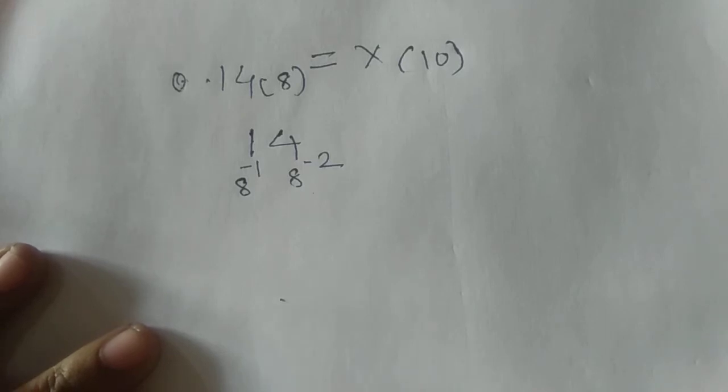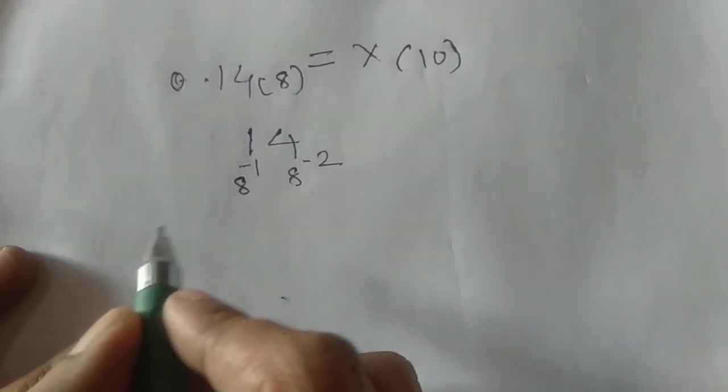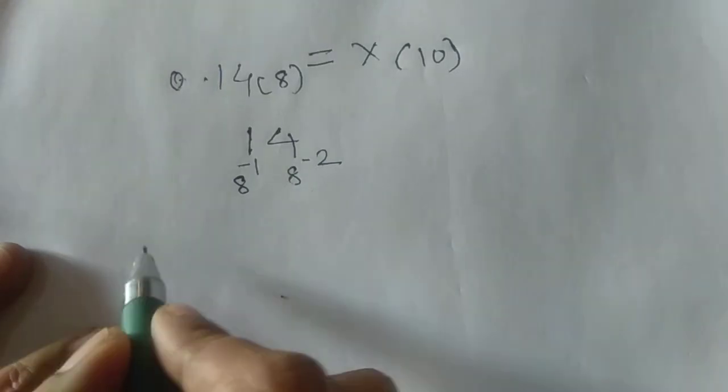When we converted from binary to decimal, we were writing 2 raised to minus 1, 2 raised to minus 2. But here as it is an octal number, we are writing 8 raised to minus 1 and 8 raised to minus 2. Now let us multiply these two and add.